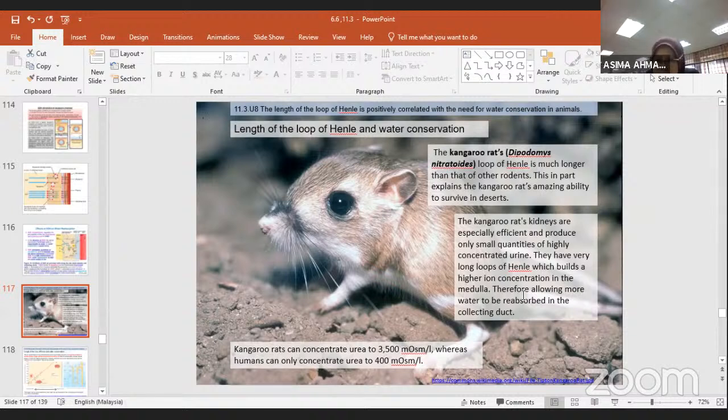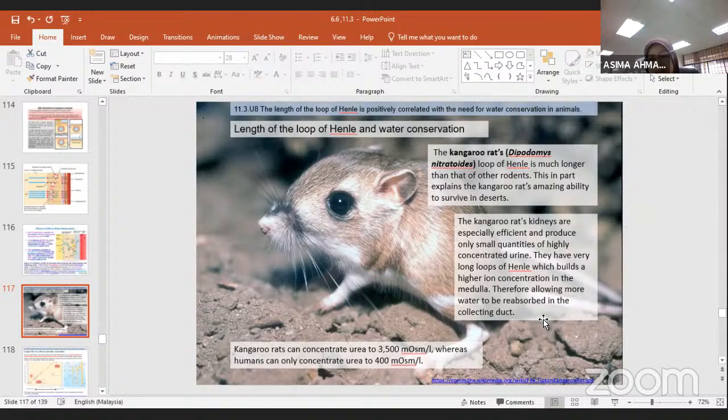Faham tak? Can you relate this? The longer the loop of Henle is, the more ions can be pumped out, creating higher osmolarity or solute concentration in the medulla. So this therefore allows more water to be reabsorbed in the collecting duct. Faham tak?